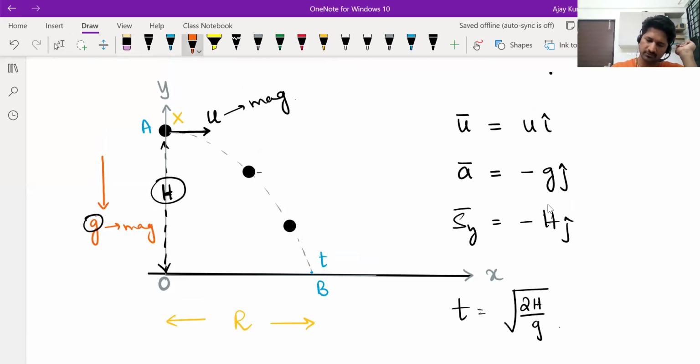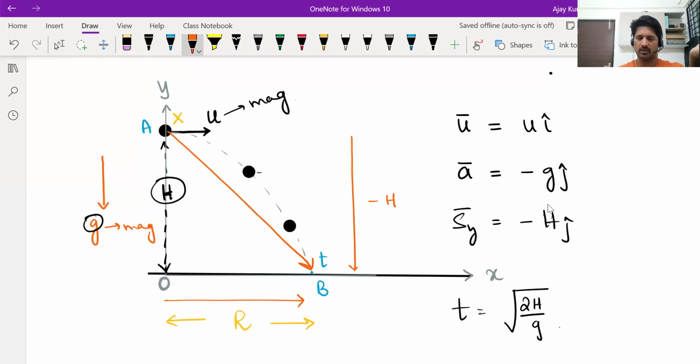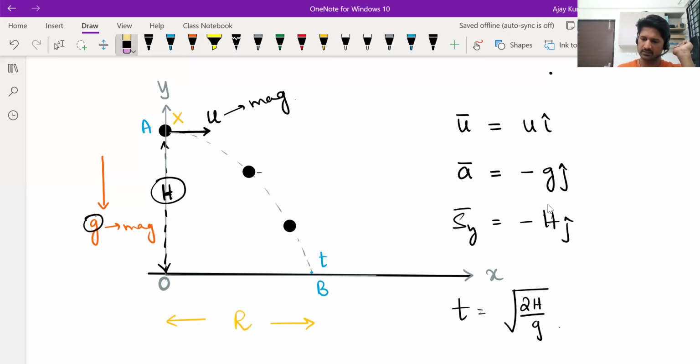The total displacement of the body is from here to here. H was its vertical component, or you can say minus h, h in the downward direction. What we now want is the horizontal component of displacement. So the horizontal range is basically the displacement in the x direction.